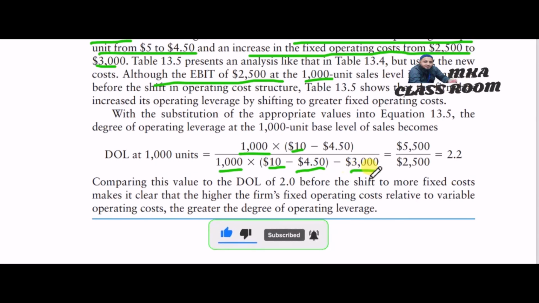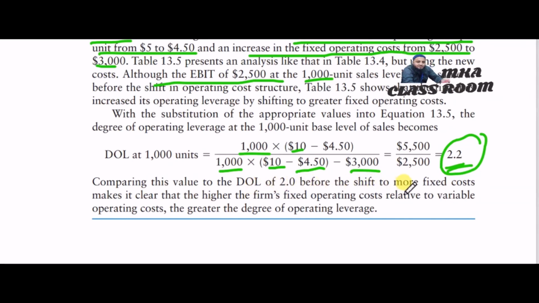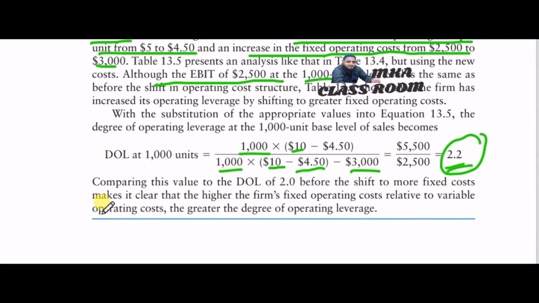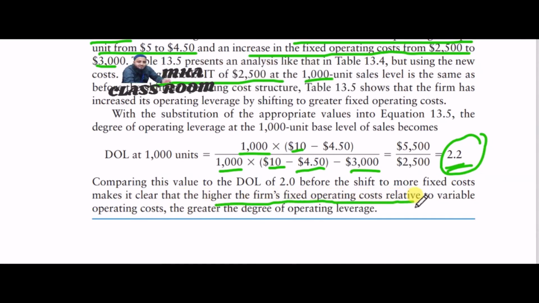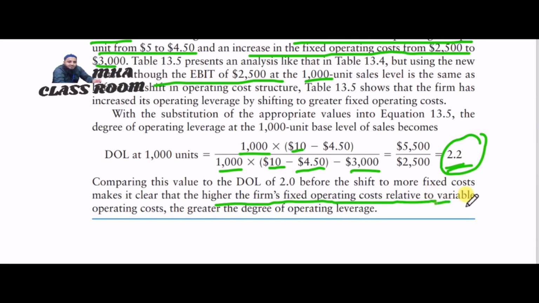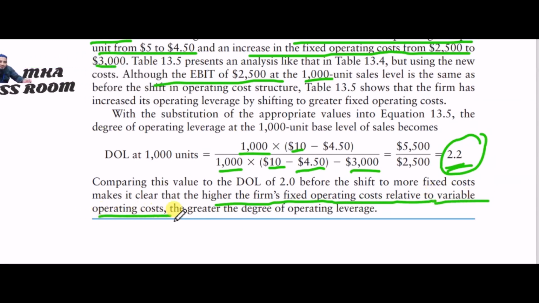As a result, we have operating leverage of 2.2. Comparing this with the value of 2 before the shift to more fixed cost makes it clear: the higher the firm's fixed operating cost relative to variable operating cost, the greater the degree of operating leverage. That means it increases operating leverage.